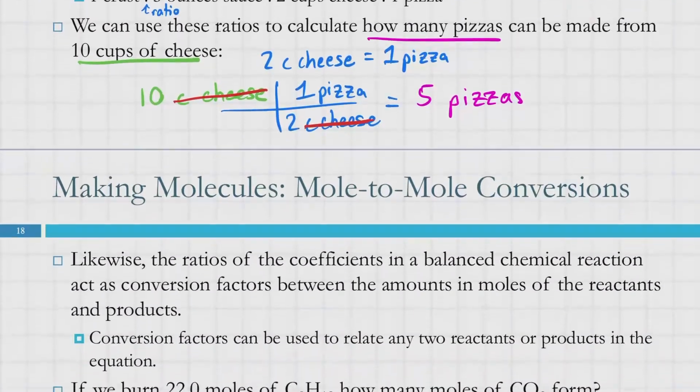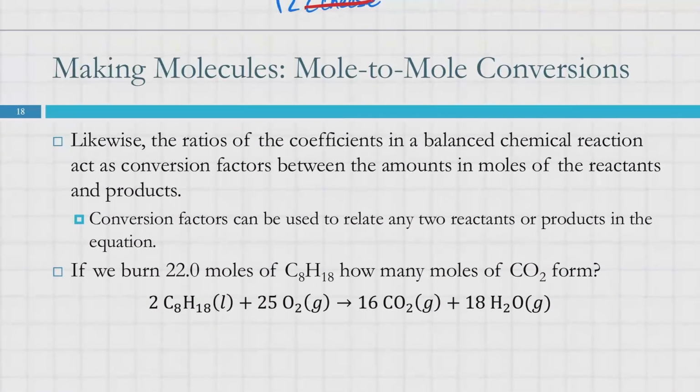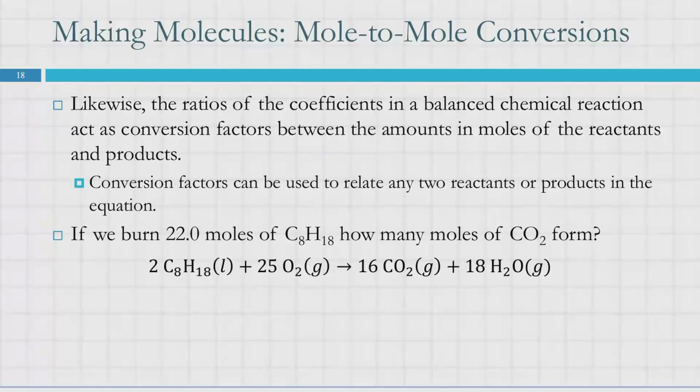That same concept we can apply to chemical equations. So the ratios of the coefficients in a balanced chemical reaction, like this one below, also act as conversion factors. In this case, we're talking about moles of the reactants and products.